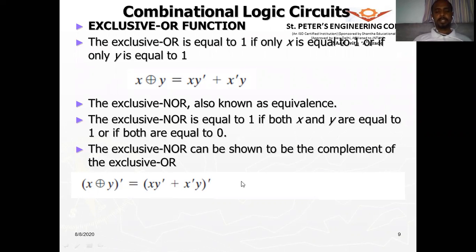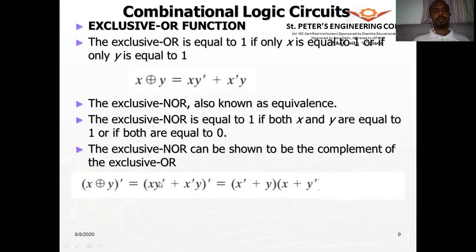So you will get this as X complement. So when you apply the De Morgan's theorem, this complement will apply here, and the AND operation will become OR operation, and the OR operation will become the AND operation here. So we get this as, and since the complement here, so we will get this X complement ORed with Y double complement.